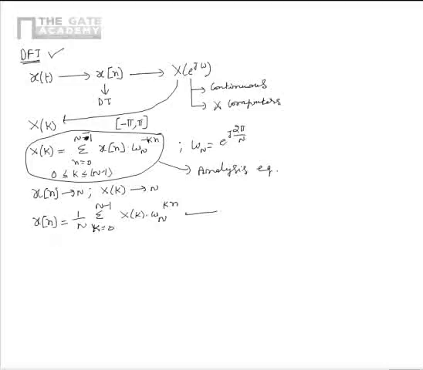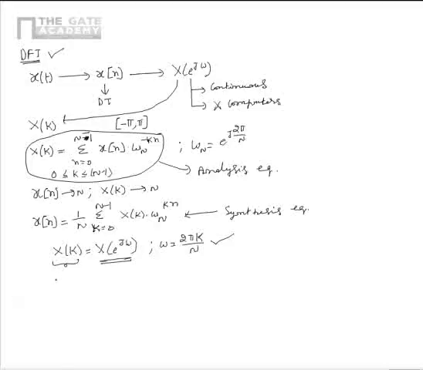Also, as discussed, X(k), that is the DFT, can be written as X(e^jω), where ω is equal to 2πk divided by N. So for any value of k, the DFT value can be obtained as X(e^jω), where ω is equal to 2πk by N.